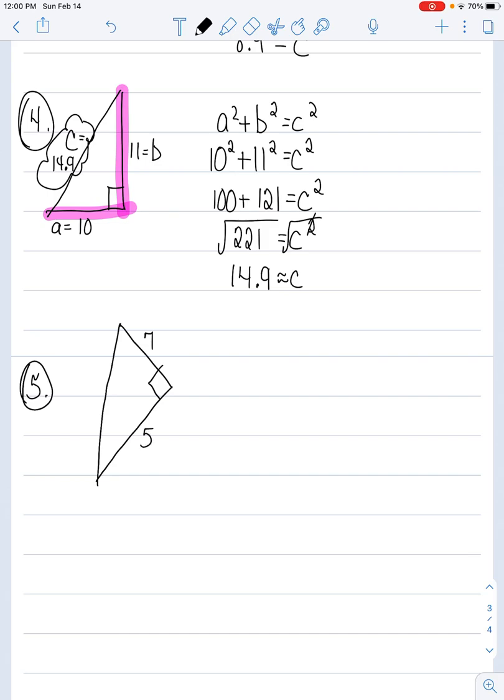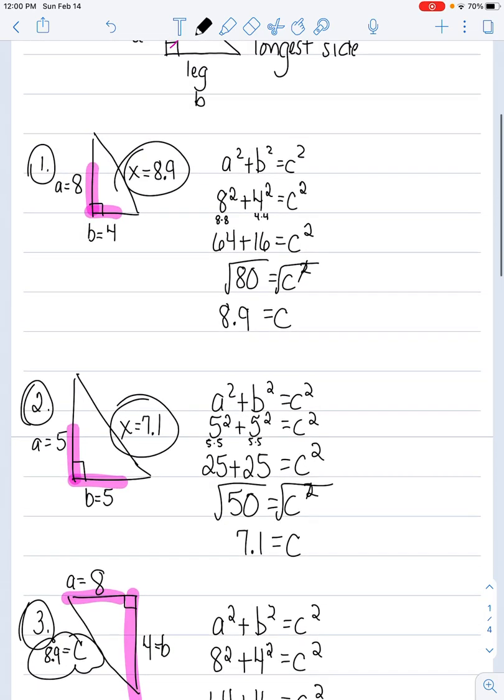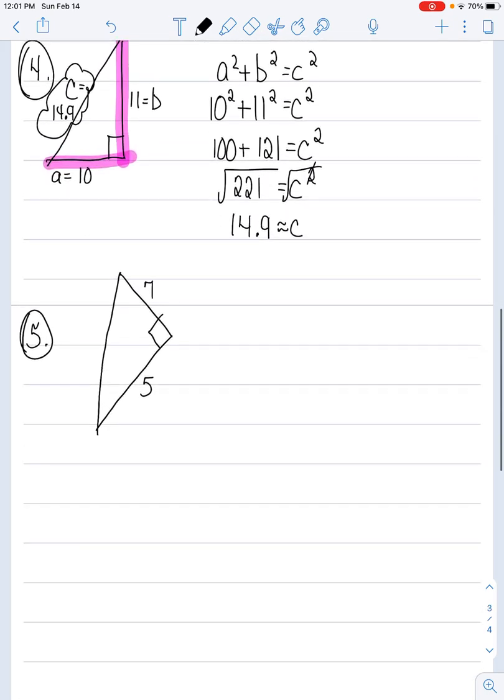And the reason I'm drawing these all kinds of different ways is I want you to understand it doesn't matter how they're turned on practice or on a test or whatever. It works the same way. The Pythagorean theorem works the same way. First, I want to look for the right angle, the L. Do I have C or do I need C? Well, if I have both sides of the L, I'm looking for my C or my hypotenuse.